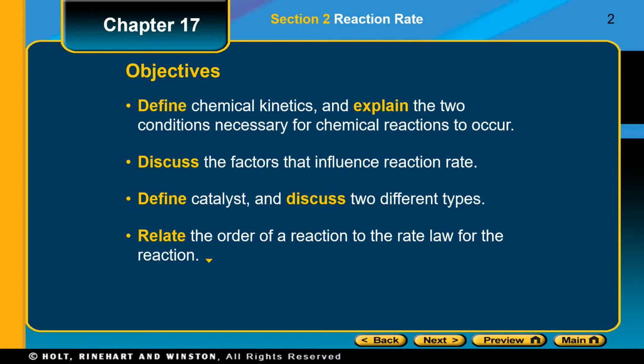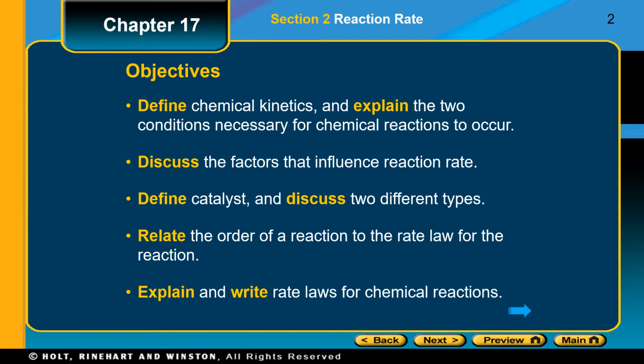And then, when we look at a chemical reaction using the rate law, we'll be able to describe what kind of order of reaction that is, which right now may not mean anything to you. And then we're going to explain and write rate laws for chemical reactions. So we're going to take some simple chemical reactions and write a law that describes how fast it reacts.